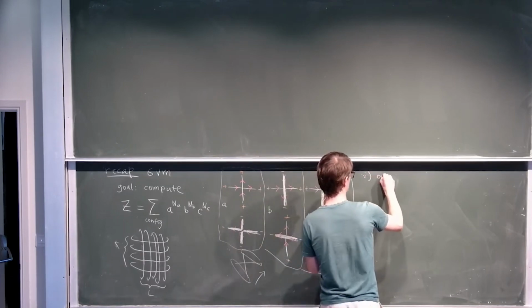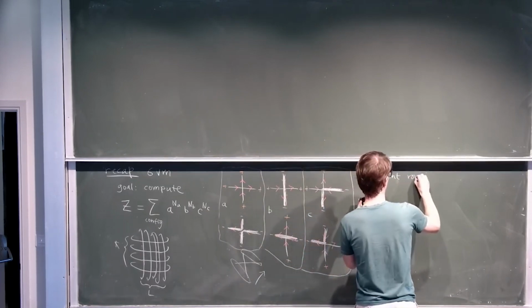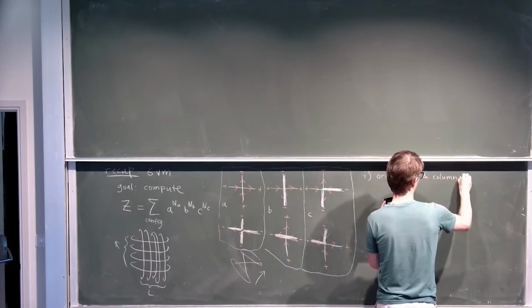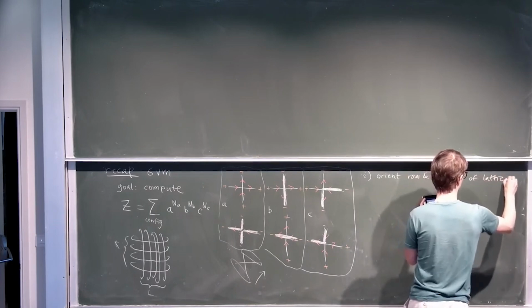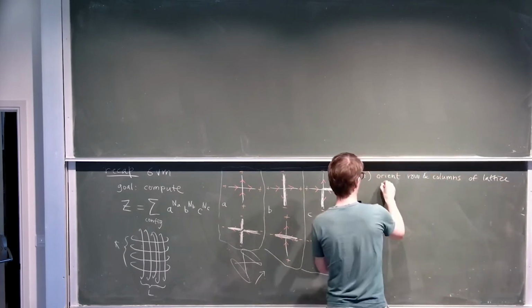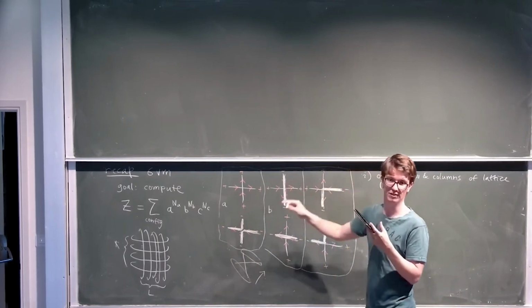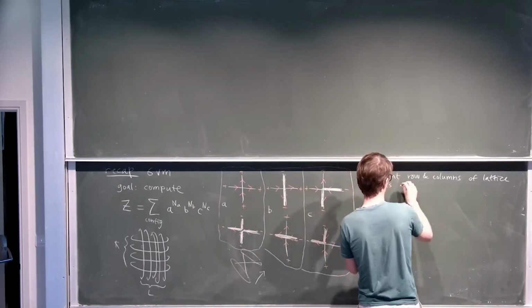First, this is convenient. We're going to orient our rows and our columns of the lattice, so all the horizontal lines and vertical lines. Sometimes maybe I want to rotate these pictures a little bit later on, so it's just good to fix this once and for all with these orientations.